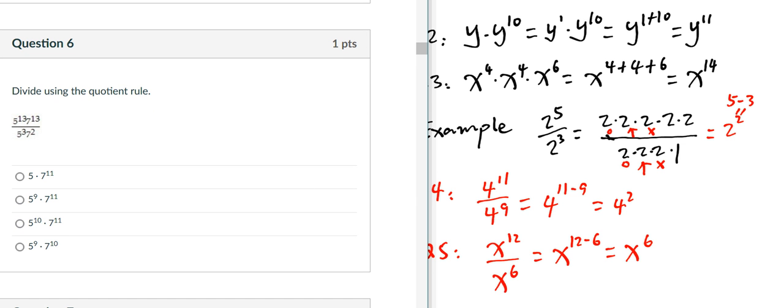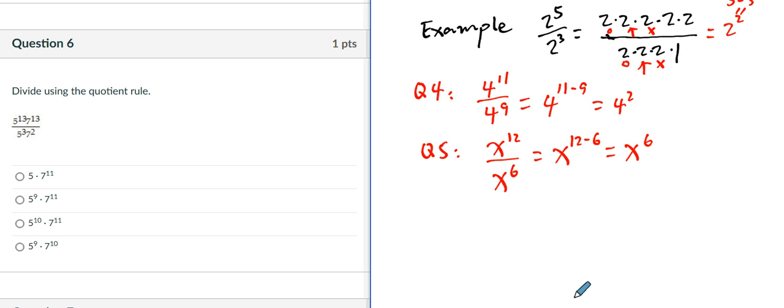And this one is similar. Question 6. We then have here 5 to the 13th power, 7 to the 13th power, divided by 5 cubed, and here is 7 squared. Okay, so 5, 5, they are the same base. So you do 5, and then 13 minus 3.